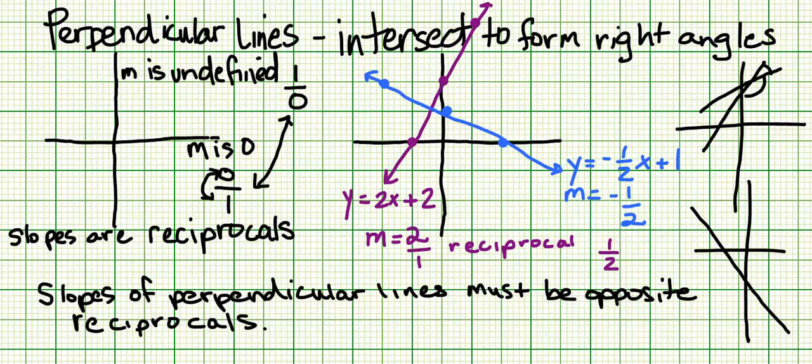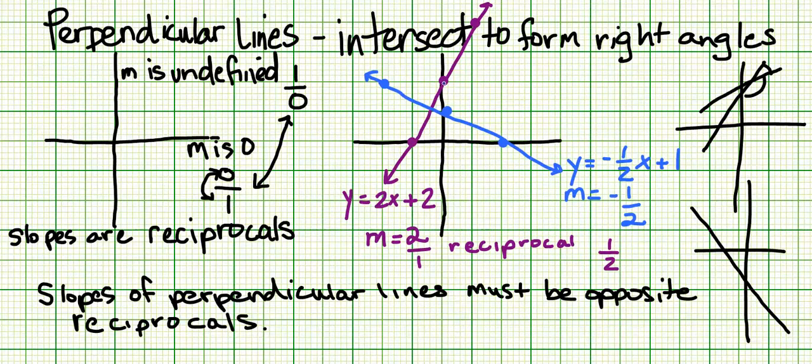I could have a perpendicular line to this purple line, and I'll draw it. Let's see. I'll use the lighter blue. Hopefully you'll see a difference. I already used that one. Let's use the darker blue. So this purple line has a slope of 2. What I want to do is make a line that's perpendicular to it that goes through that same y-intercept so that you can see.